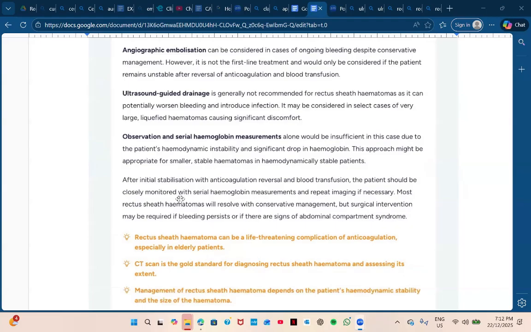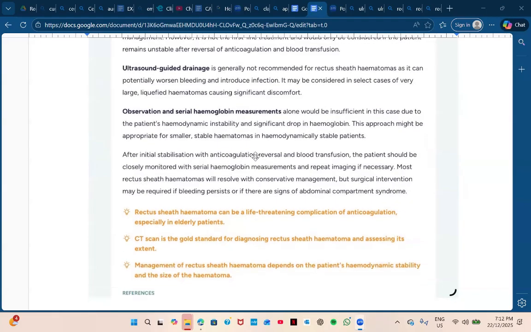After initial stabilization with anticoagulation reversal and blood transfusion, the patient should be closely monitored with serial hemoglobin measurements and repeat imaging if necessary. Most rectus sheath hematomas will resolve with conservative management, but surgical intervention may be required if bleeding persists or if there are signs of abdominal compartment syndrome.